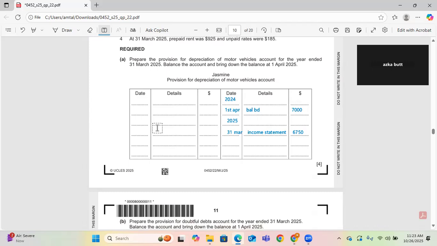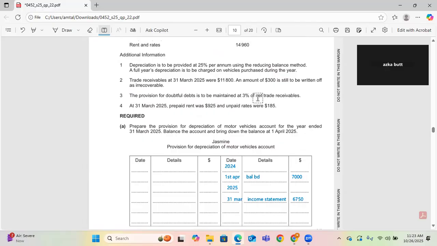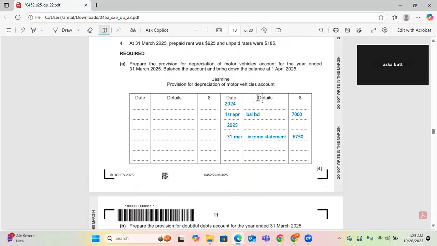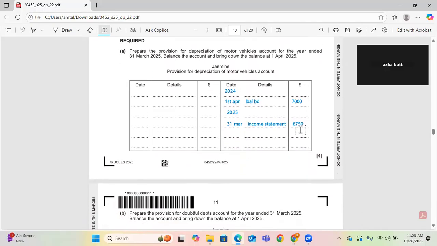So there is nothing on the credit side because I think we haven't sold any asset. Yeah, we haven't sold. So 7,000 plus 6,750 is equal to 13,750. Let's write it here as well, 13,750.